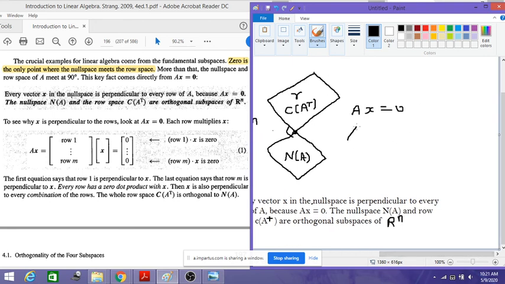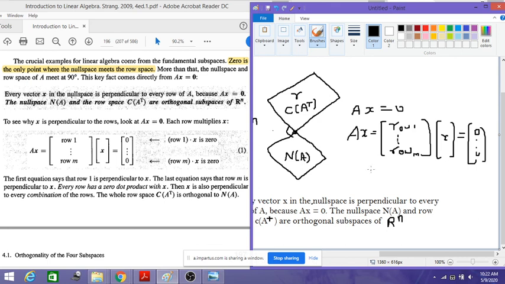For example, we have Ax equal to 0, where the matrix A is some m cross n matrix, and we have certain rows: row 1, and likewise up to row m. Then we have a vector of unknowns, x, and that should be equal to zeros.